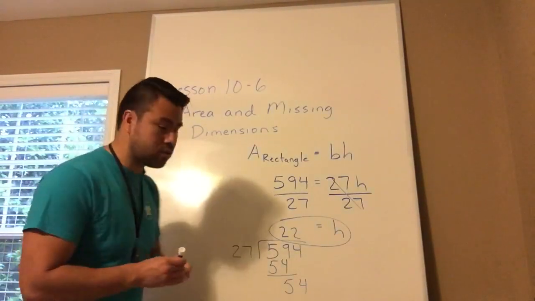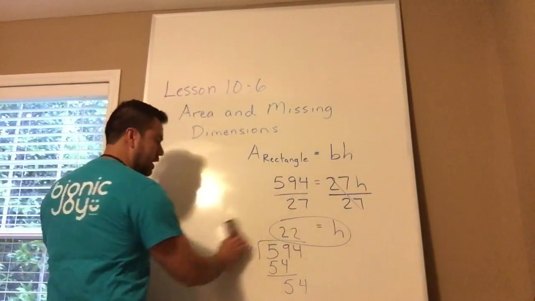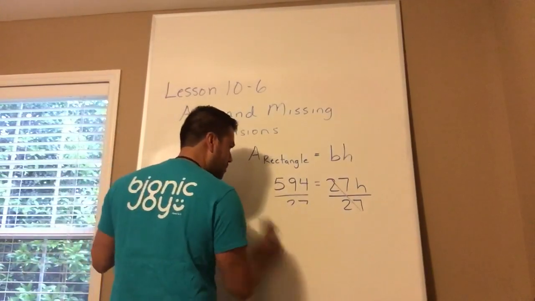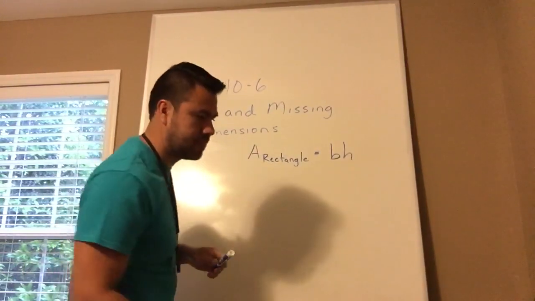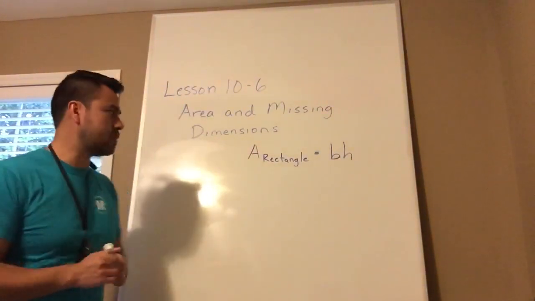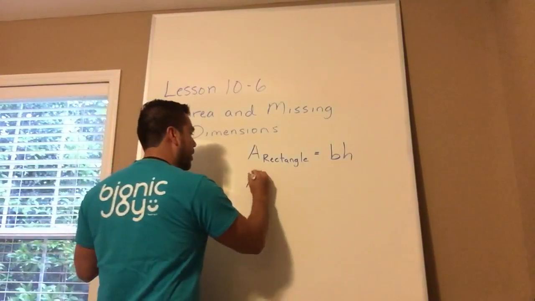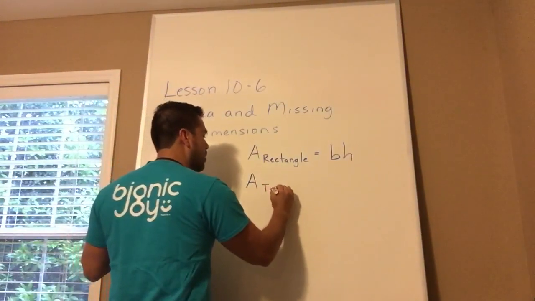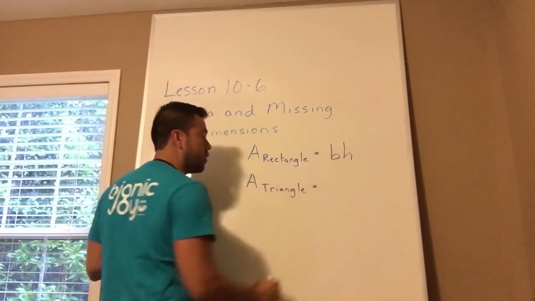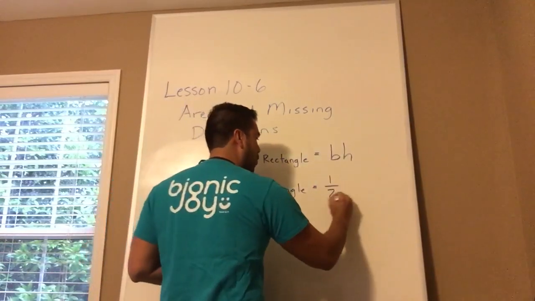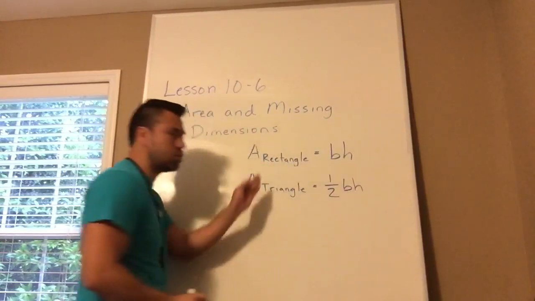Okay, let's look at our second problem. This one's a nice one again because it has an even answer, so no decimal point. Now let's look at the area of a triangle. I'll leave the area of a rectangle up there, but the area of a triangle is, hopefully you remember, 1/2 base times height. You see how these two are related?